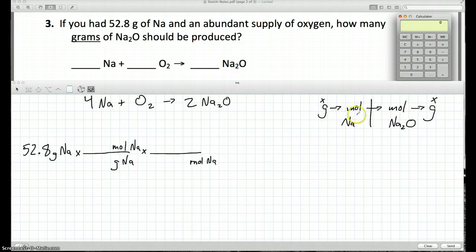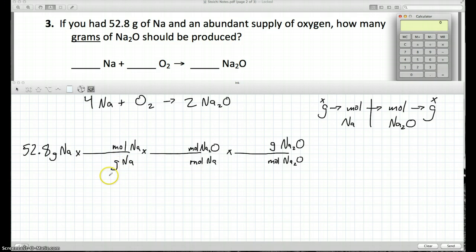So now I'm at moles of Na, and my next step is to moles of Na2O. I'm still not where I need to be though. Another conversion factor. Top unit goes in the bottom. And the last step is from moles of Na2O to grams of Na2O.